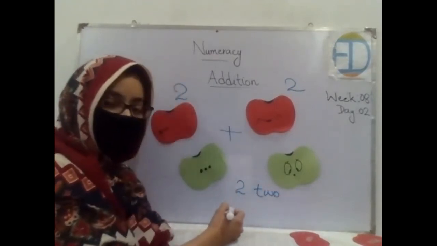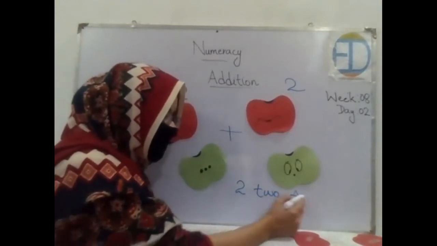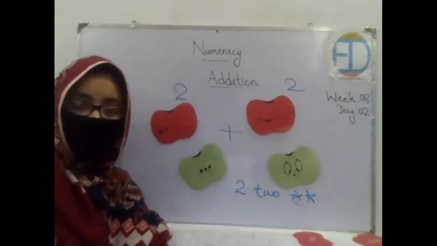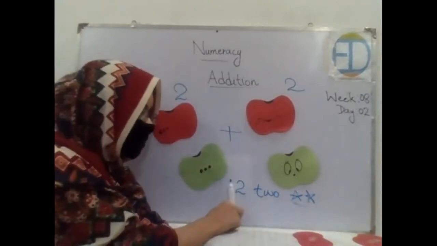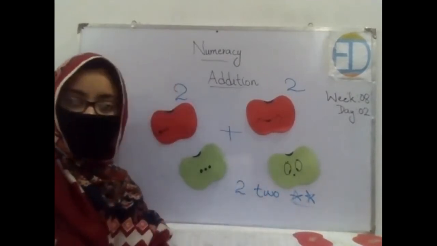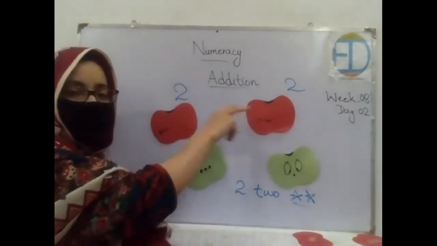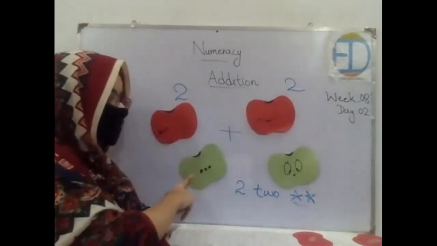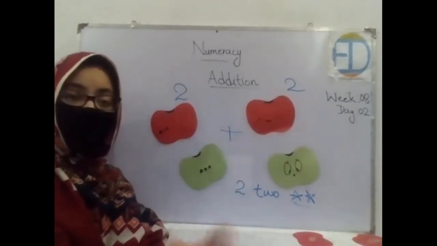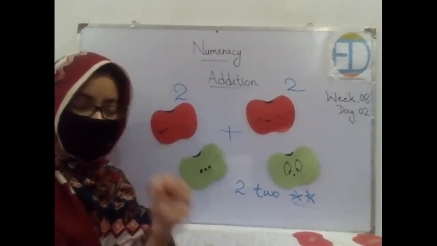And the last is that a value is attached to it, meaning this number has this many objects. So when I write number 2 over there, this digit has this value. When we say number 2, this means we have two objects.